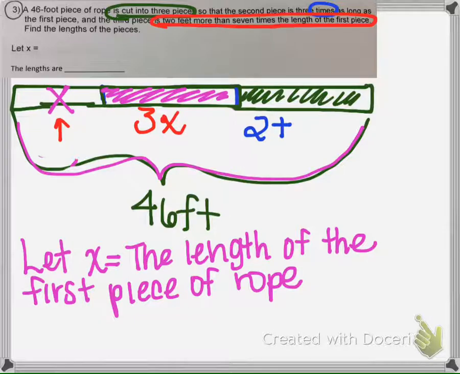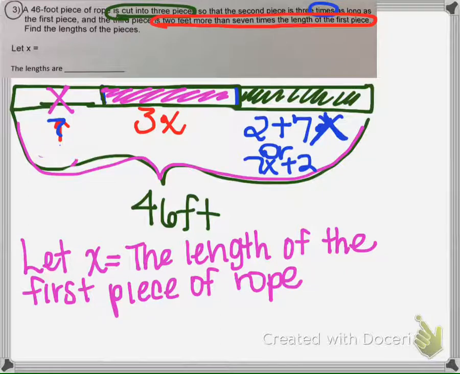So that means addition. So we have 2 more than 2 times, so times means multiply, the length of the first piece. Well, we don't know what the first piece is, so we put an x here. So we'd put 2x. So you could write that as 2x plus 2 or 2 plus 2x.